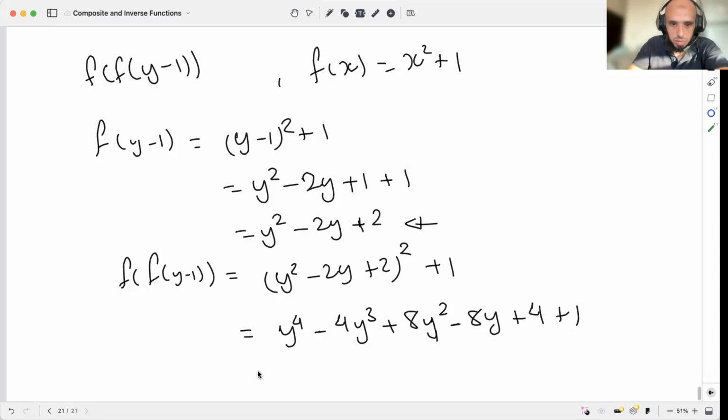So it's going to be equal to y to the power of 4 minus 4y cubed plus 8y squared minus 8y plus 5.